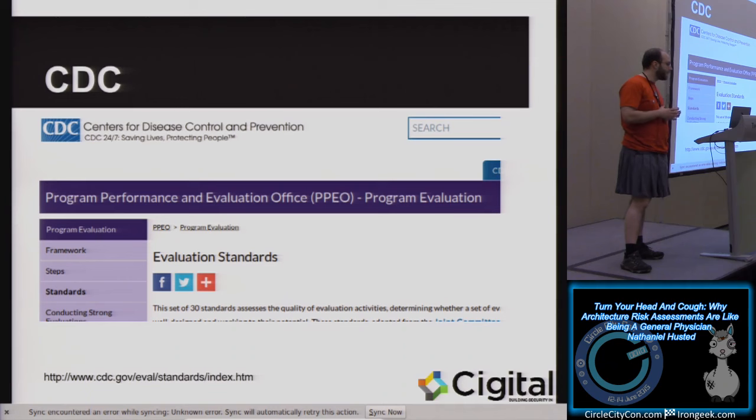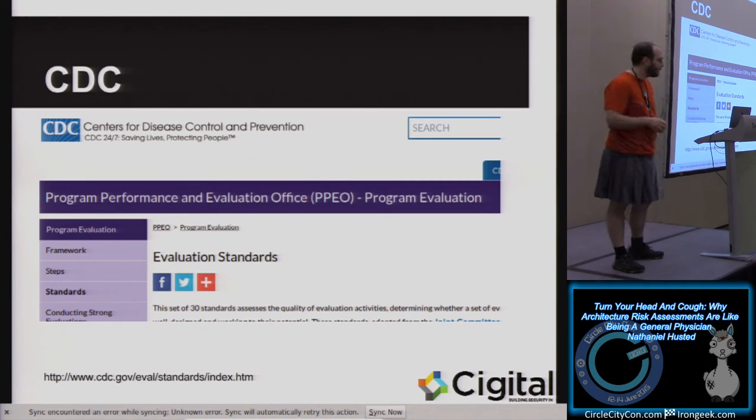So the CDC, we have a lot of public health aspects to the CDC, and we have standards for program evaluation, standards for this, standards for that. You have these core regulating bodies that have very clear mandates for areas in which they provide information, and you can get standards from that.